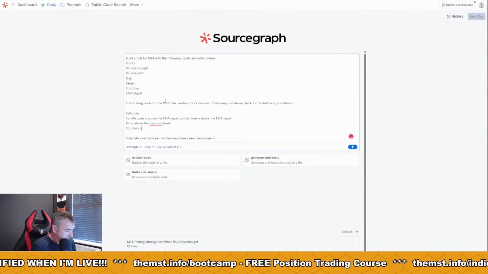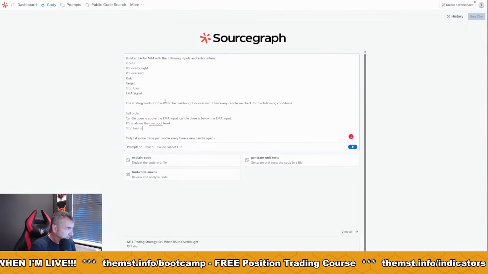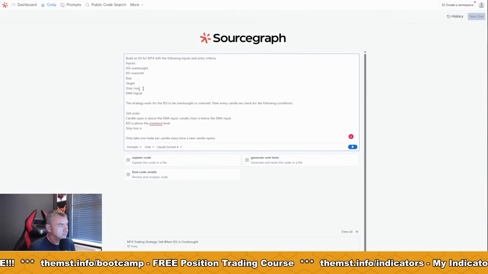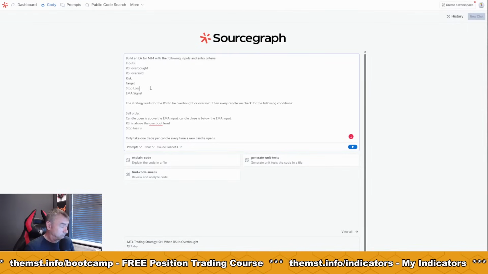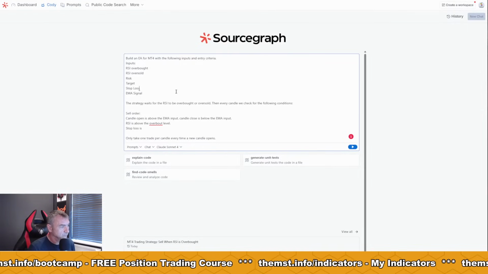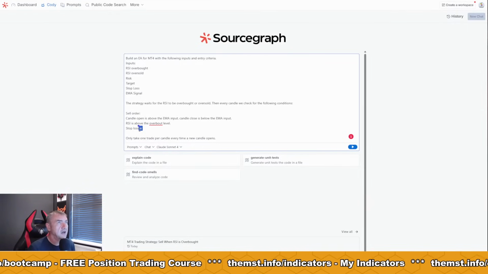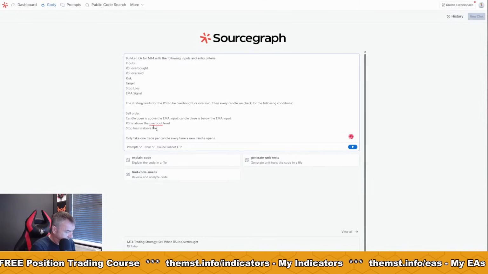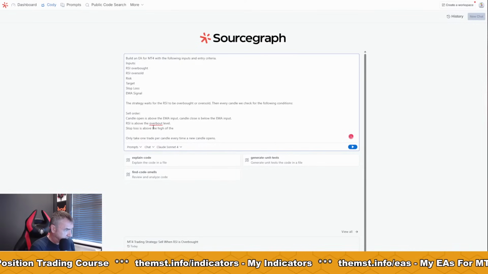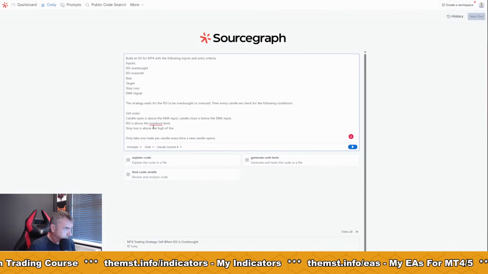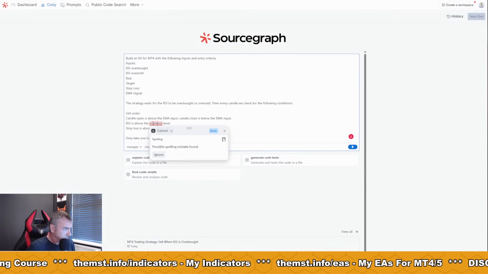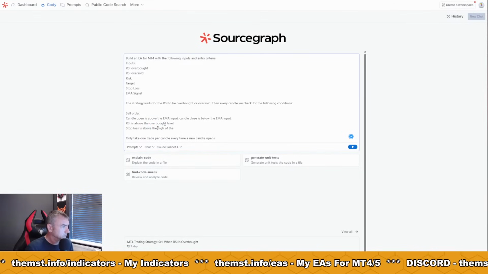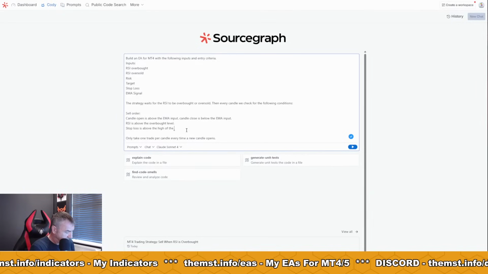Stop loss is whatever it's going to be. So we'd need to set a stop loss. Depends how you want to do it. So with the stop loss, I would say let's just use above the high of the previous candle, shall we? Stop loss is above the high of the previous candle.